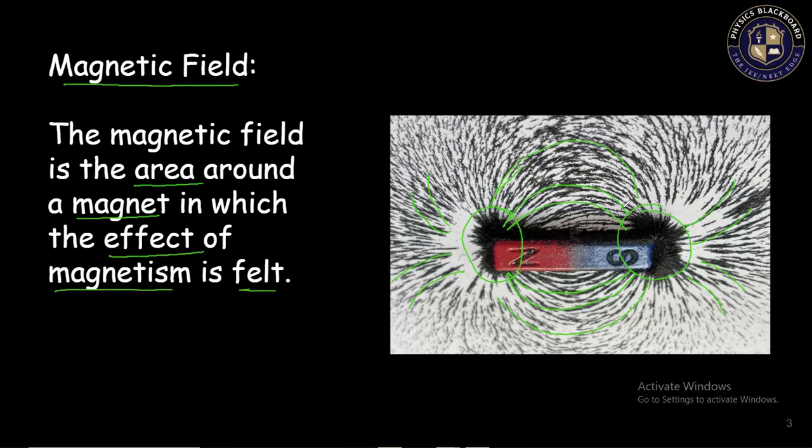As we discussed, the magnet can apply force within a certain region around it. This area where the magnetic effect can be felt, we call a magnetic field, and the imaginary lines around the magnet in the magnetic field, we call magnetic field lines or magnetic lines of force.